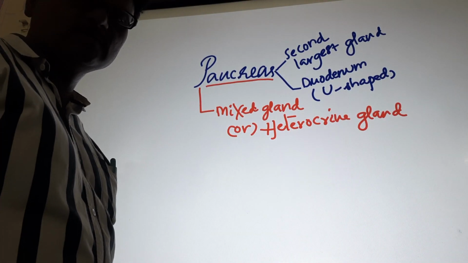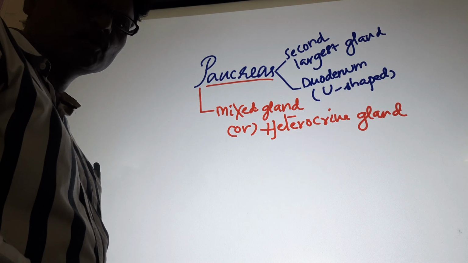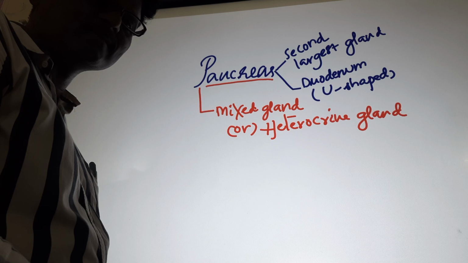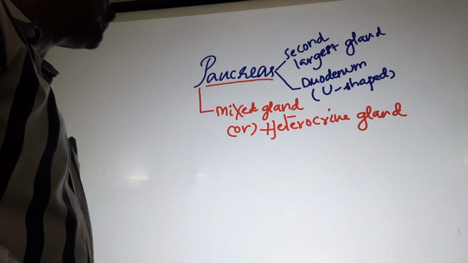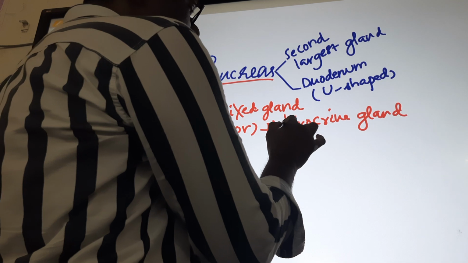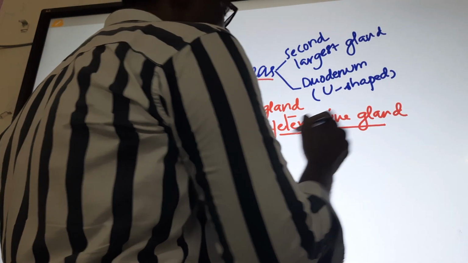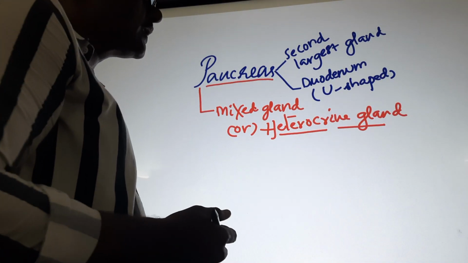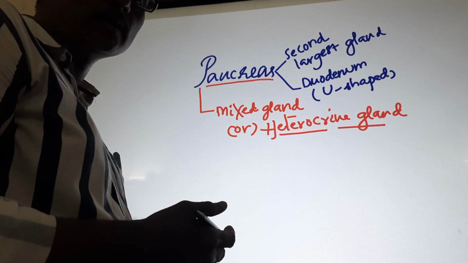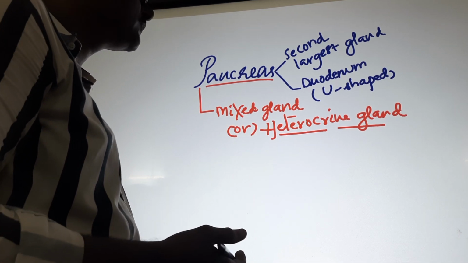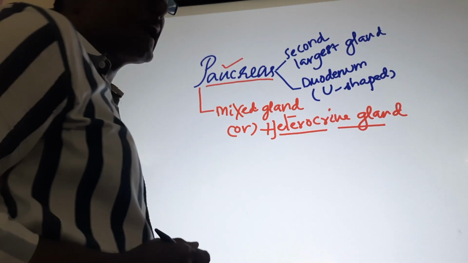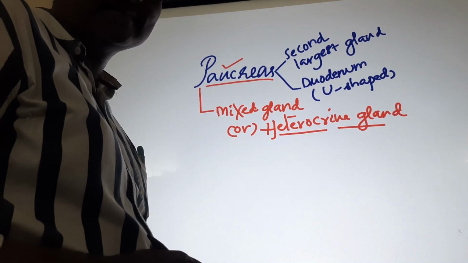Of course, it is mixed with the two portions of tissues, exocrine portion and endocrine portion. Why is another word also given for that? Heterocrine gland. Hetero means different. Different composition of the tissues we observe in the gland pancreas.